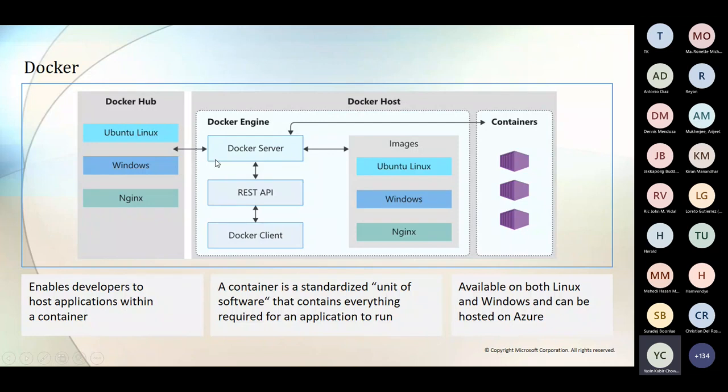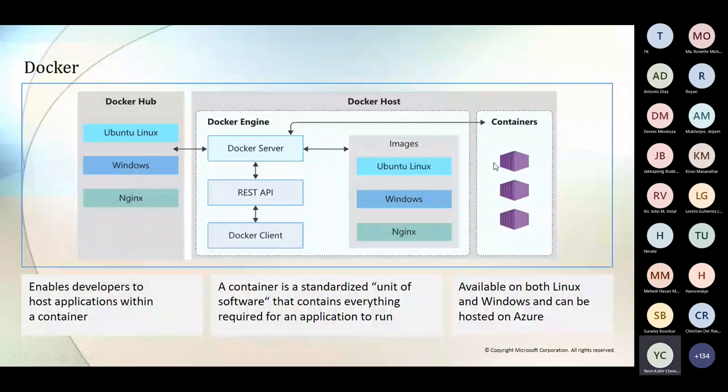Through the REST API, the Docker client asks which image it needs and takes the images. And the containers are here, supported by Ubuntu Linux, Windows, or Nginx. What they need, they take from the images here.